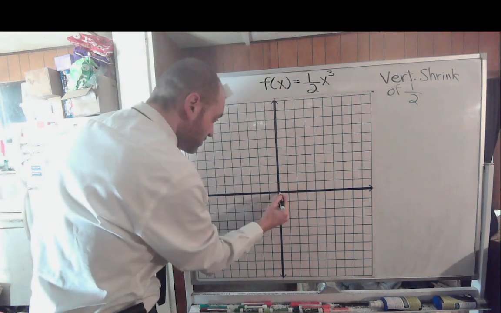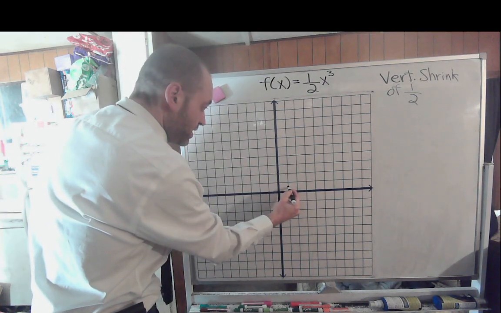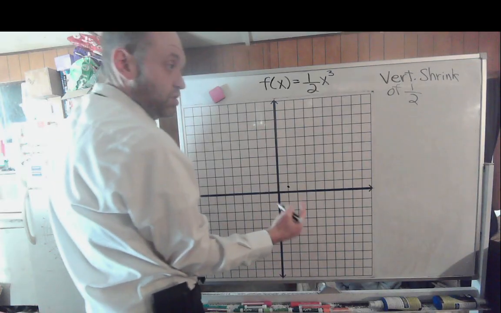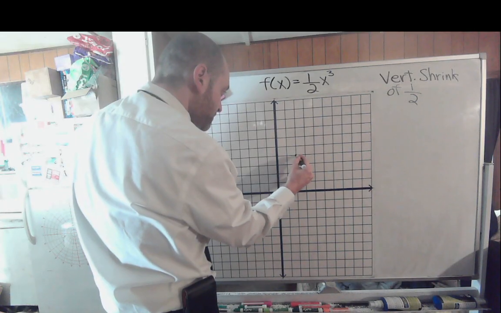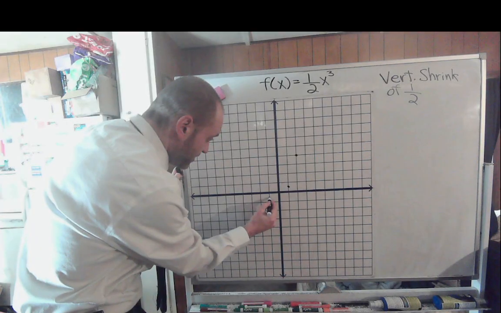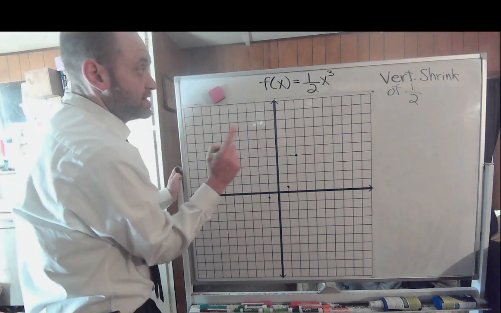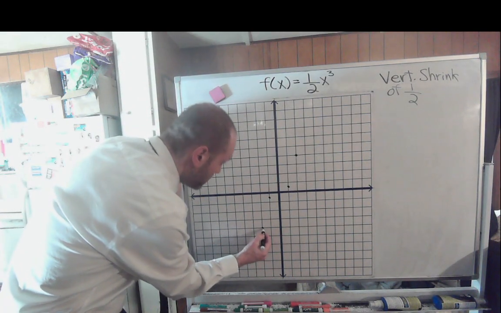So x is 0, you still get 0. When x is 1, you'll get a y value of 1/2. When x is 2, half of 8 is 4, so you get a y value of 4. When x is negative 1, you would get a y value of negative 1/2. When x is negative 2, you would get half of negative 8, which is negative 4.